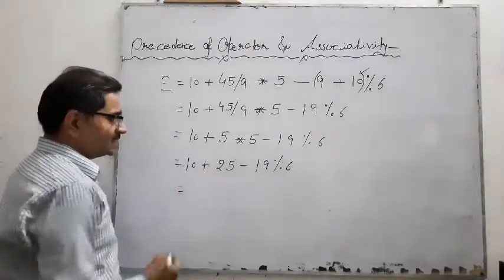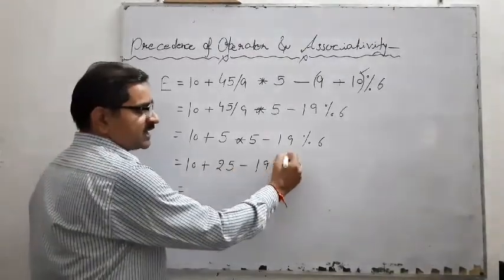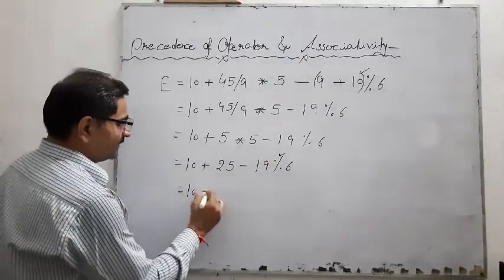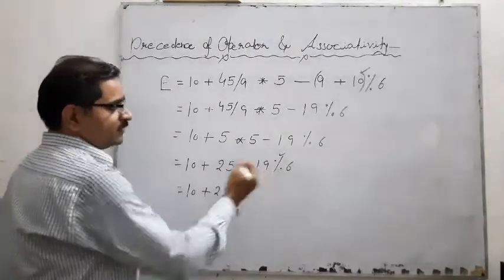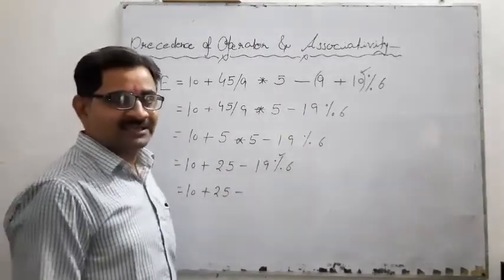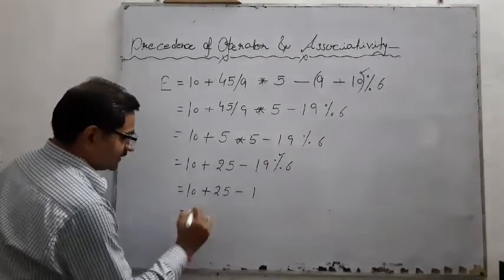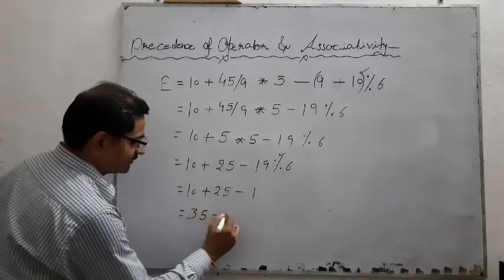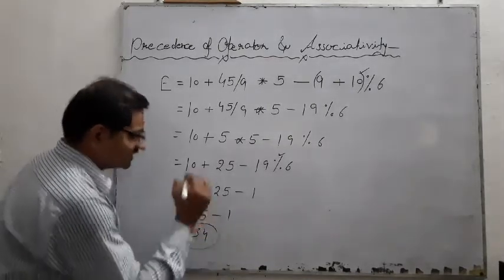Here you can see addition, subtraction, mod. The higher priority is that of the mod operator. So 10 + 25 minus, when you divide 19 by 6, you get the remainder 1. Now 10 + 25 is 35, minus 1, and at last you get the result 34.